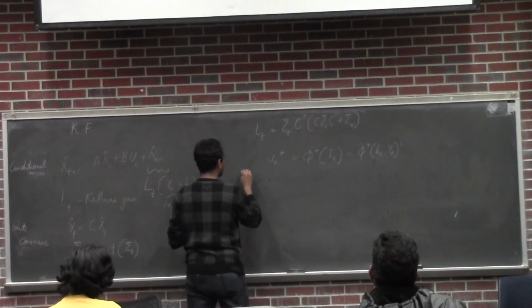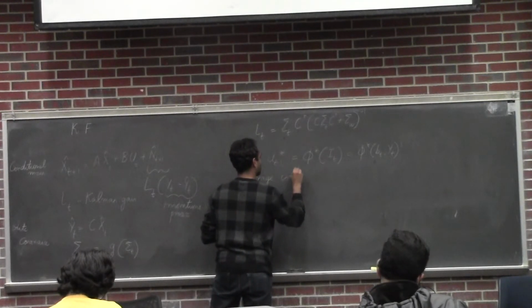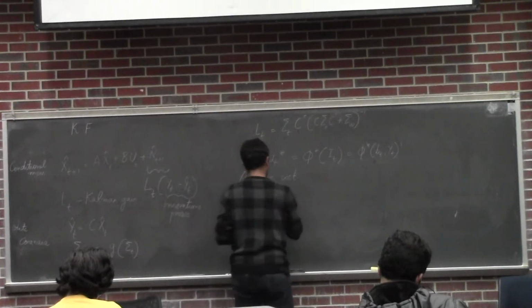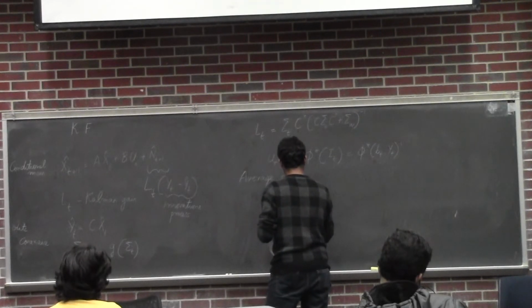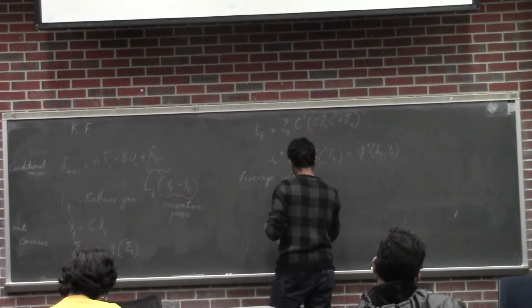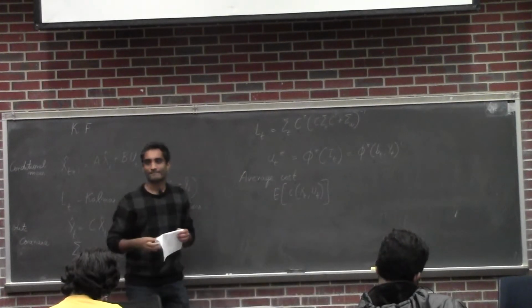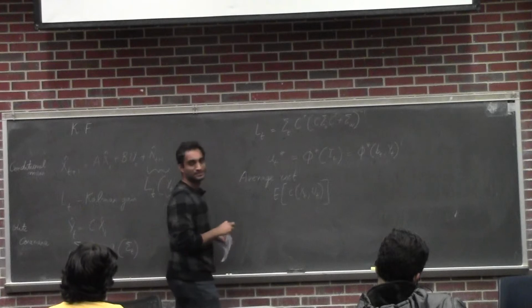We are trying to minimize the average cost, which is the expectation of C. This is the quantity that we are trying to minimize, correct?